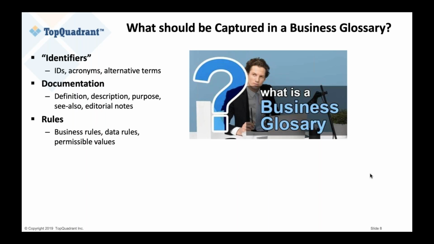Well, we also saw that there could be some alternative terms, because there are different synonyms that you may have for a given term. You could also assign some identifiers to the terms. Acronyms are a type of alternative terms, certain types of alternative terms that abbreviate things.